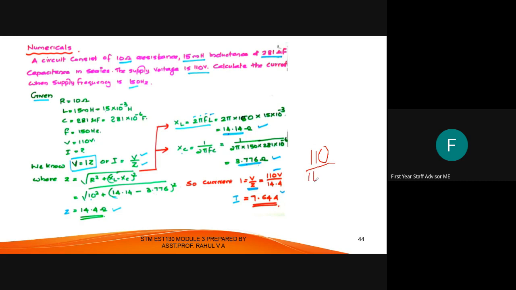So 110 divided by 40.4 gives you 7.64 ampere. Okay, we will do one more problem.